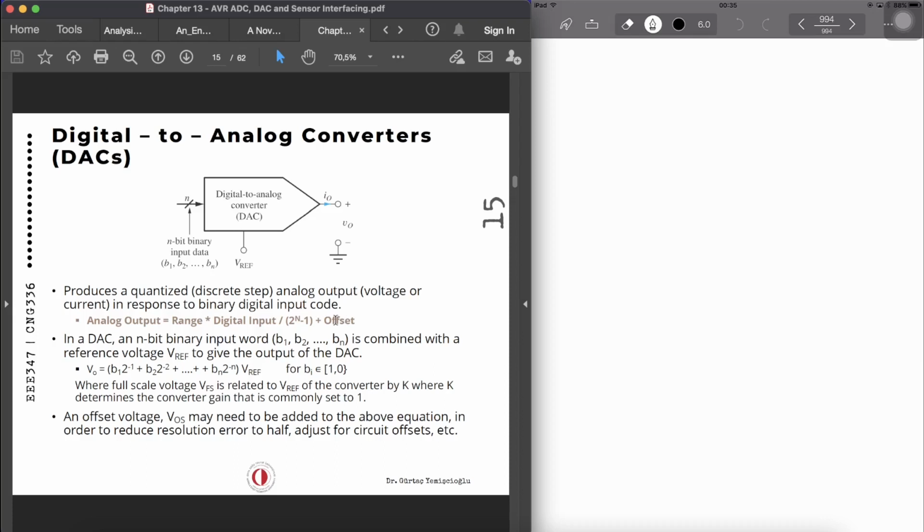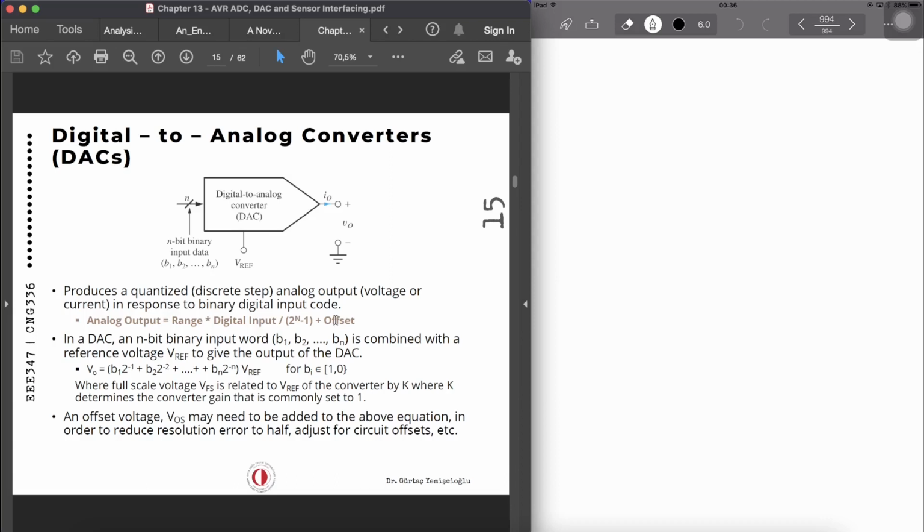So sometimes we make the offset adjustment in these circuits in order to get a symmetric resolution around our bit setting. So for example, you do a bit setting number 1. I can actually draw that.